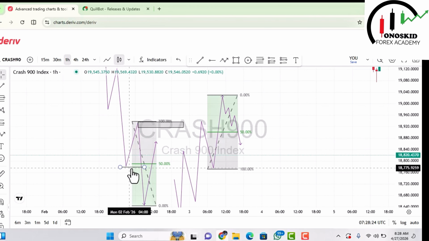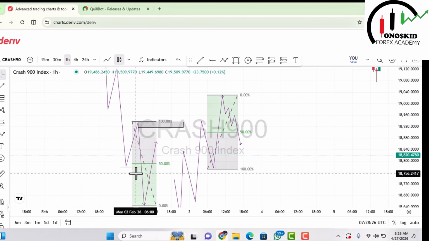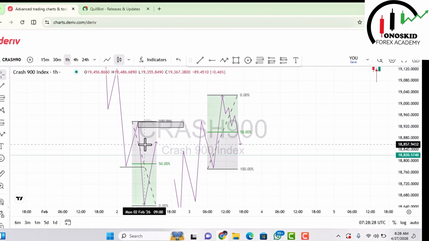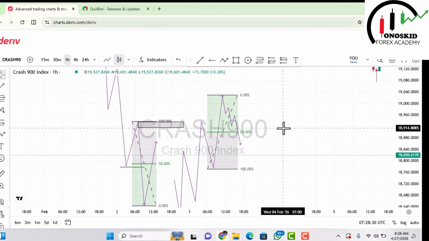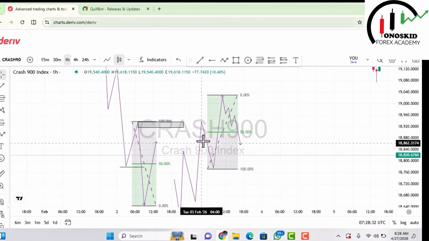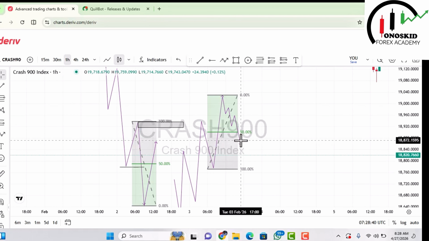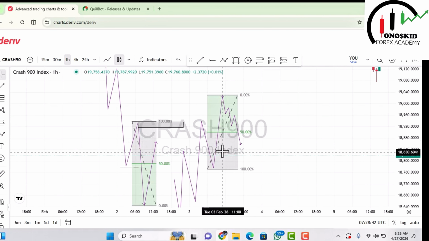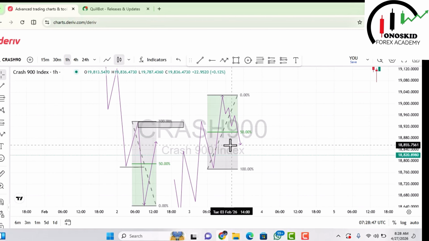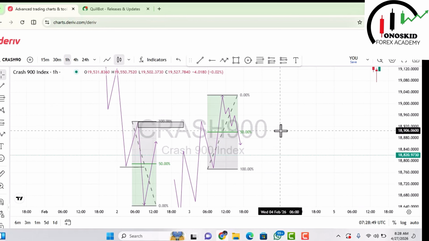This is when price broke this structure. So we are looking out for a supply that is above this 50%. Now, for a buy, if the market is bullish, after this break of structure has occurred, we draw our Fibonacci retracement tool, and then we wait for price to retrace below the 50%, and then we look out for the nearest demand candle, and we can have our trade execution from that zone.